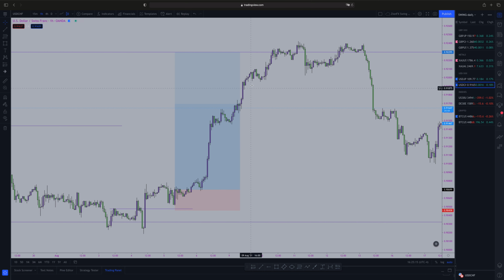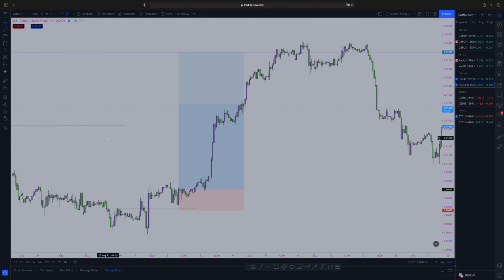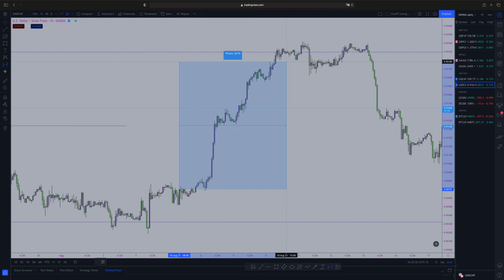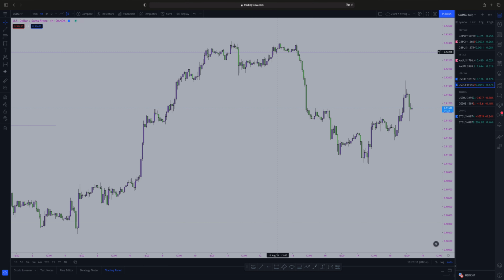It maintained its uptrend the whole time. And I think, how long did that take? The trade took 5 days. Yep, exactly 5 days.